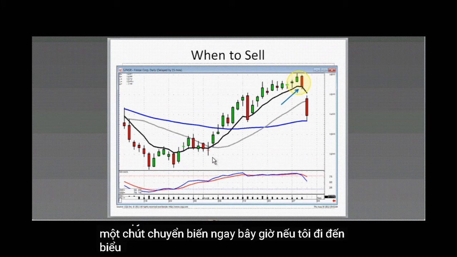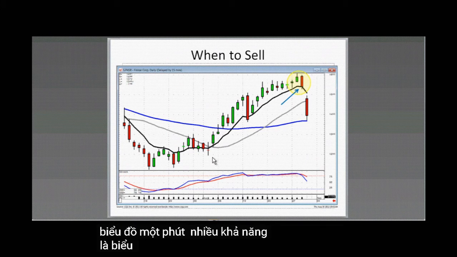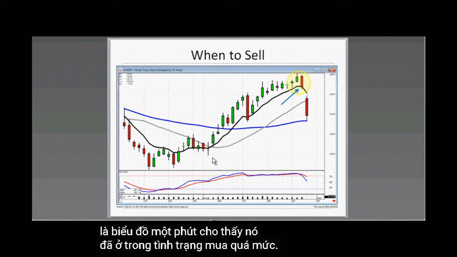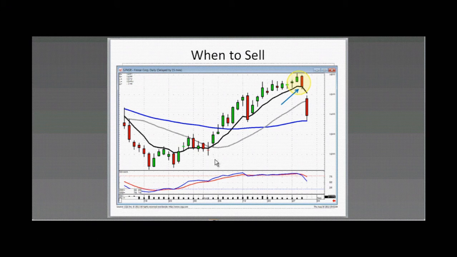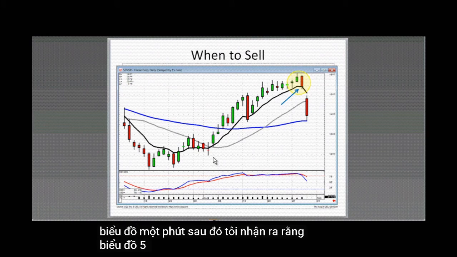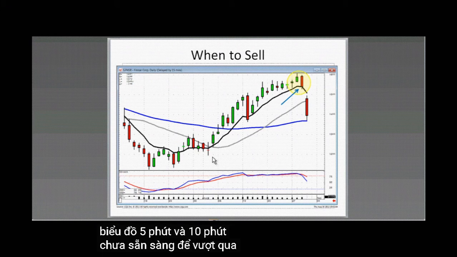Now if I go to the 1 minute chart, more than likely that 1 minute chart is showing that it's already in an overbought condition. Now I have to watch that 1 minute chart to see if they're going to continue in that overbought condition, or if they're going to start reversing and pull it back on the 1 minute chart. Then I realize that the 5 minute and the 10 minute chart aren't ready to push through that resistance level.